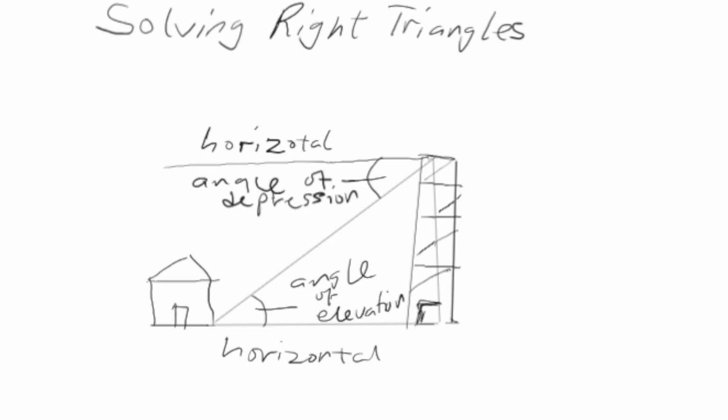Yeah, so today's lesson, we're going to look at solving with right triangles. I think we've looked at the three basic trig ratios, the tangent, the cosine, and then the sine, and how to solve with them.